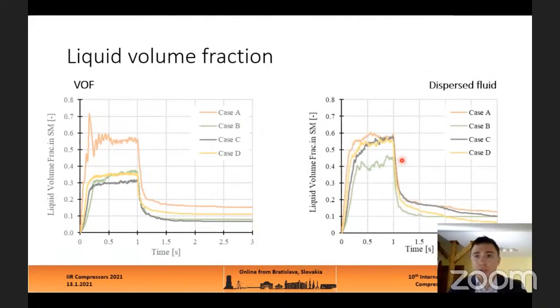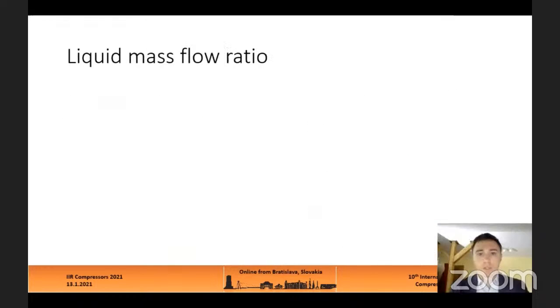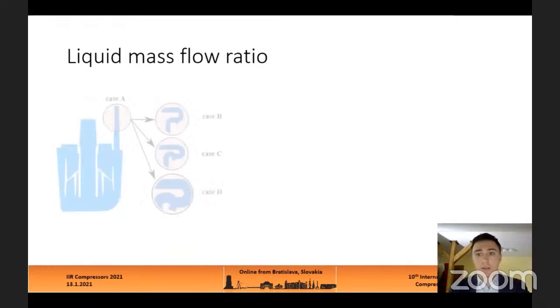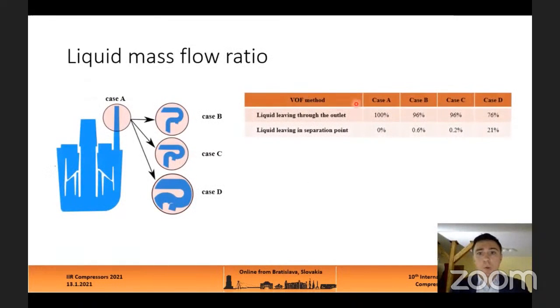For the dispersed fluid simulation, the liquid volume fraction in the suction muffler is very comparable, except case B. This is telling us how much liquid we have in the muffler, but not much about how effective the separation of the liquid is. This is something that we can see in the following table.